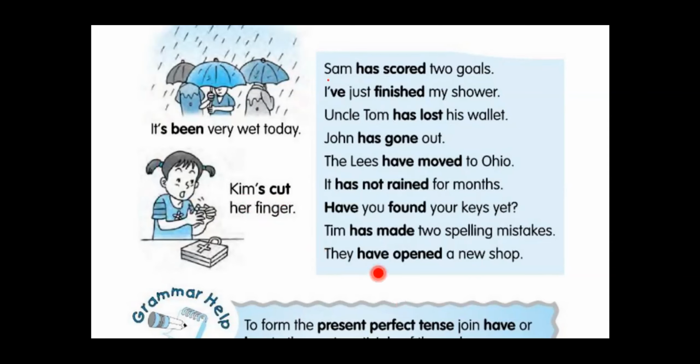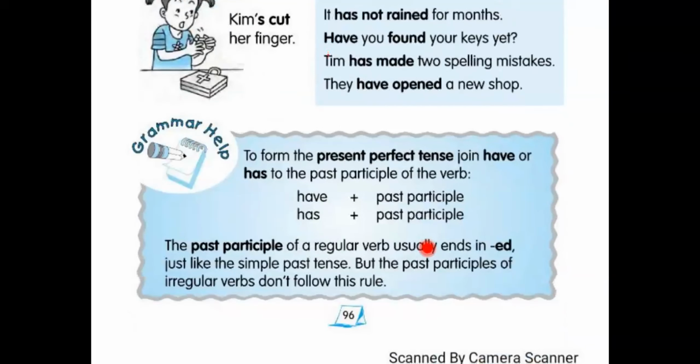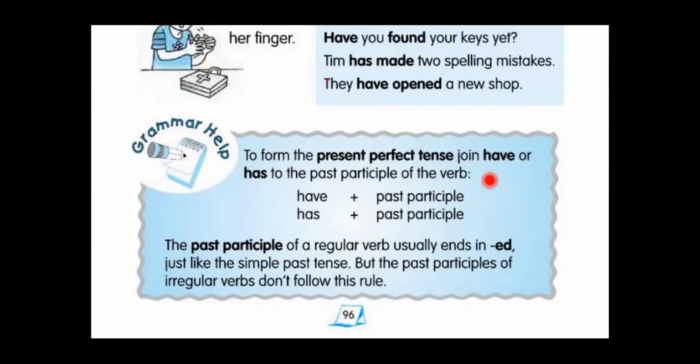They have opened a new shop. Here the helping verb have is used, and opened is the past participle. Now see over here, to form the present perfect tense, join have or has to the past participle of the verb. Have plus past participle, and has plus past participle.